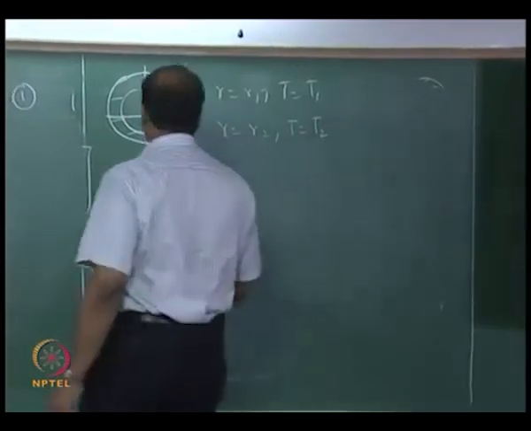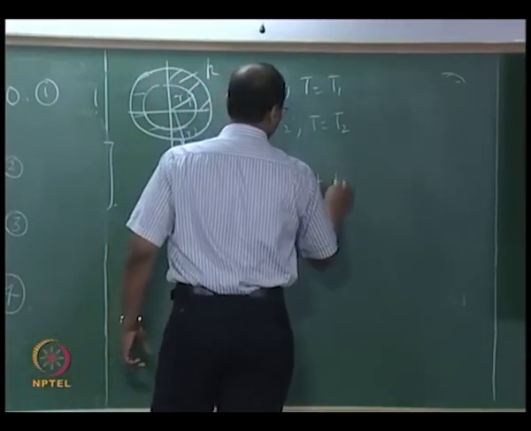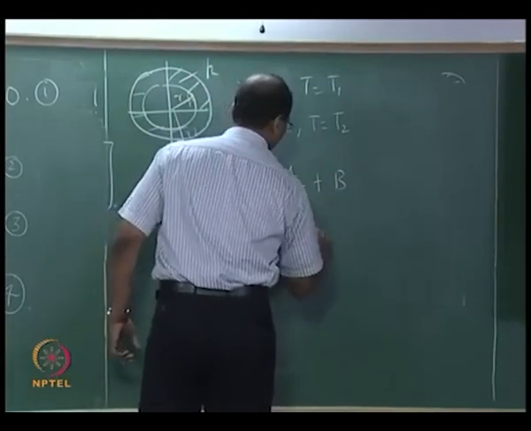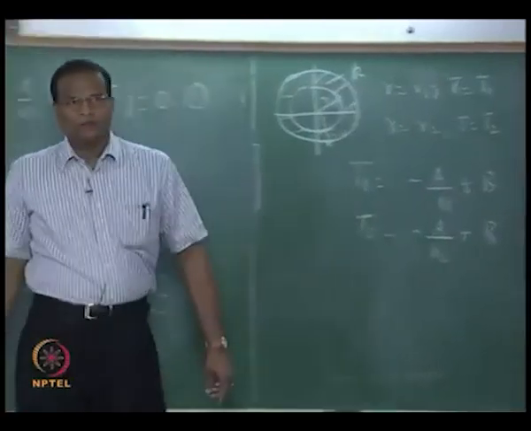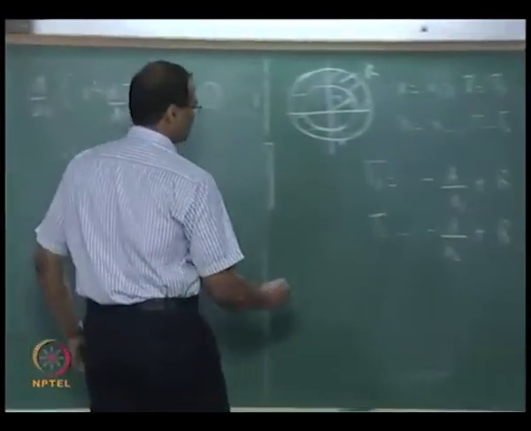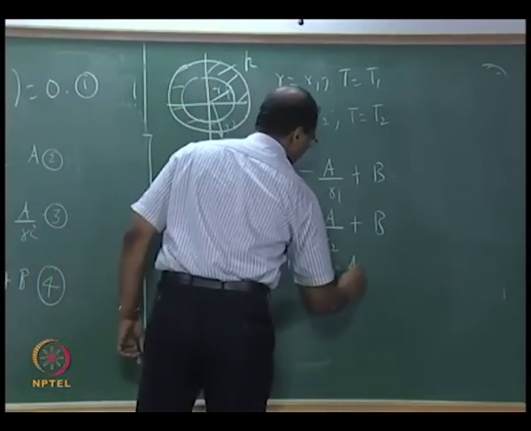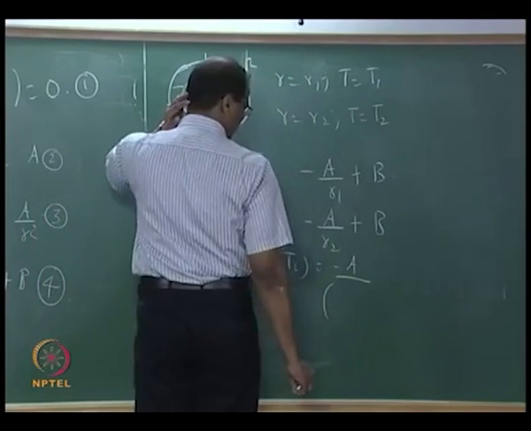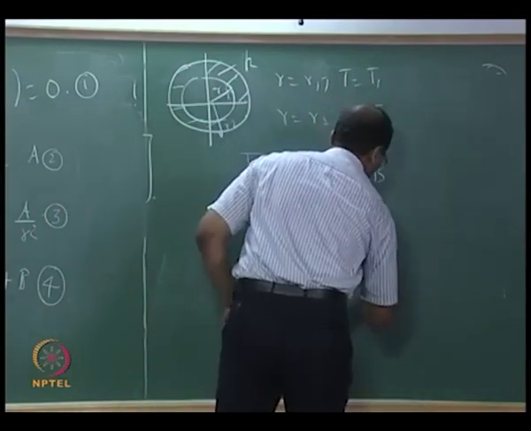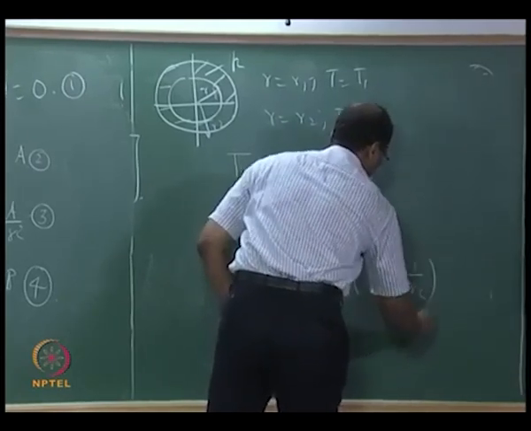Now, T1 equals minus A by R1 plus B. Okay. Therefore, correct.